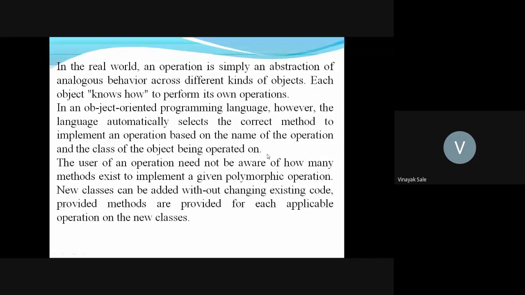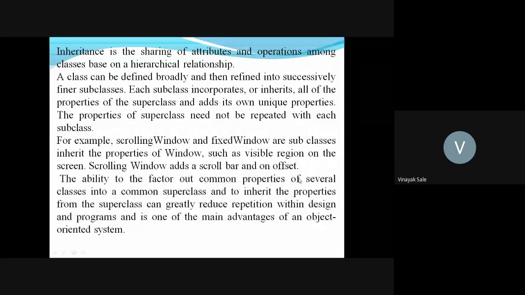The user of an operation need not be aware of how many methods exist to implement a given polymorphic operation. New classes can be added without changing existing code, provided methods are provided for each applicable operation on the new classes. The next part is inheritance.